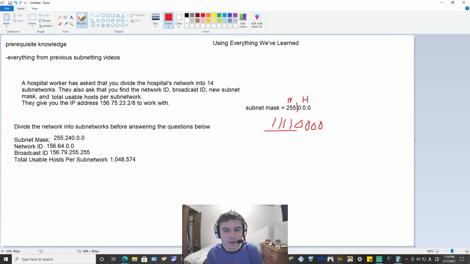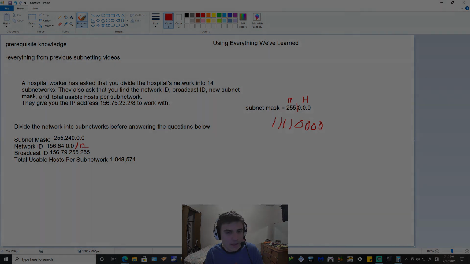So in this case, we borrowed 4 host bits for 4 network bits. So you just add 4 network bits to this, right? So our new CIDR notation, if you want to get specific, is /12, because you just take 8 plus 4. So you just add the network bits onto the end of the old CIDR notation. And there you have it.